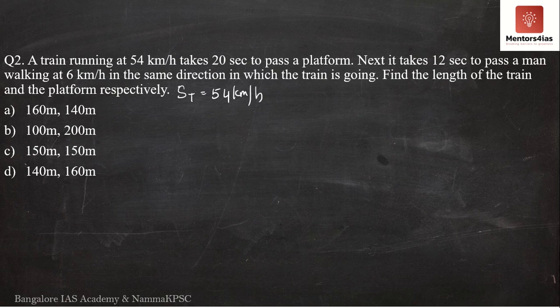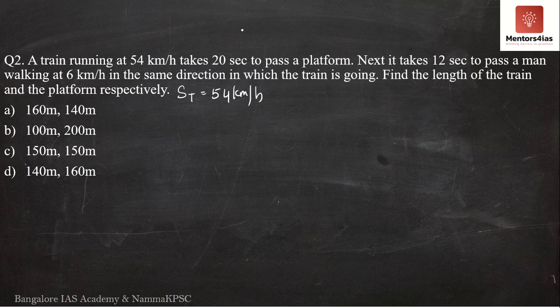Next, it takes 12 seconds to pass a man walking at 6 kilometers per hour in the same direction in which the train is going. Therefore, find the length of the train.